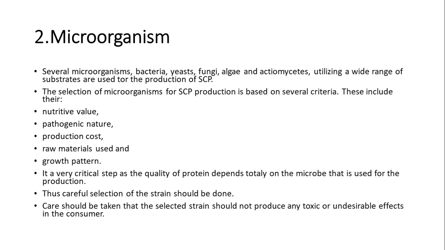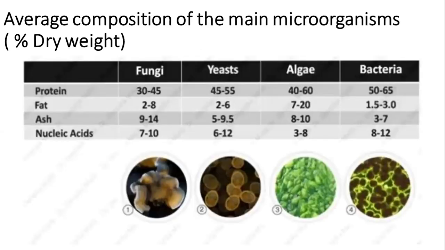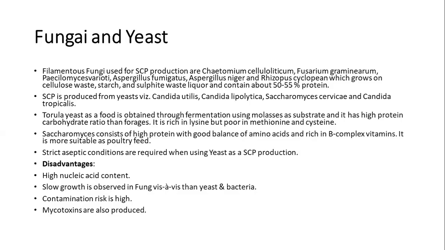It should not be toxic. The next slide shows the table of composition of microorganisms as dry percentage weight. Let us see all these types of microorganisms one by one.